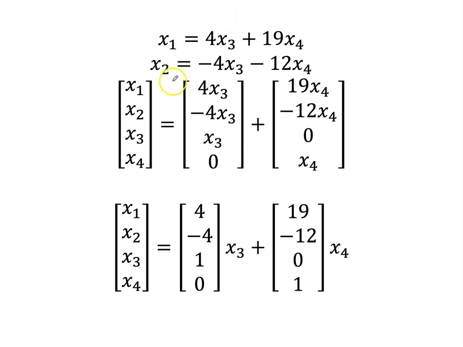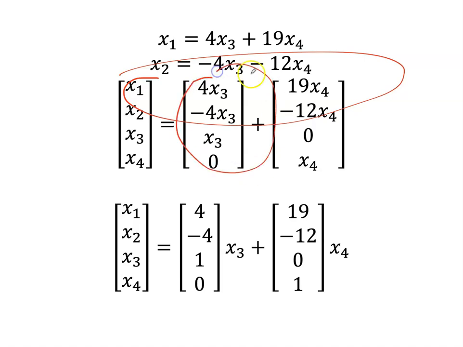So we can write x1 and x2 in terms of the free variables x3 and x4. We know that x3 equals x3 and x4 equals x4. If we separate those out, we can write x1, x2, x3, x4 in terms of an x3 vector and an x4 vector.